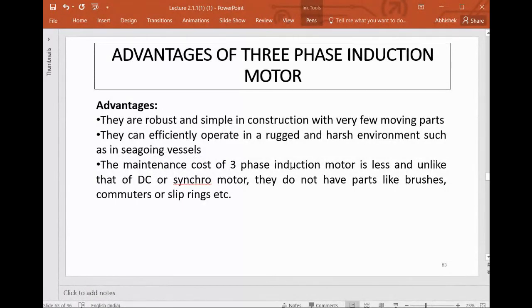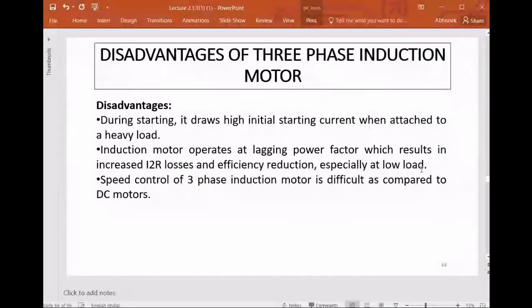The maintenance cost of a three-phase induction motor is also very low, unlike that of the DC or synchronous motor, because we do not have parts like brushes, commutators, or slip rings. So we have various advantages over DC motors, and there are also some disadvantages for the three-phase induction motor.